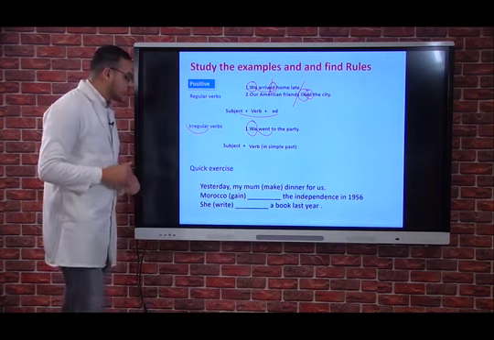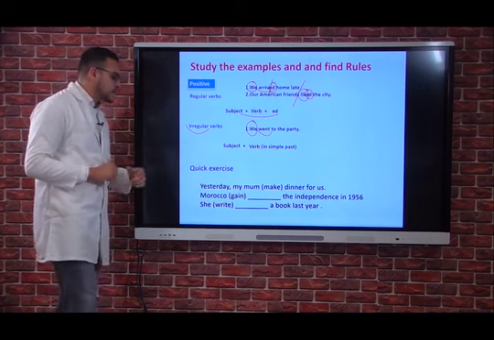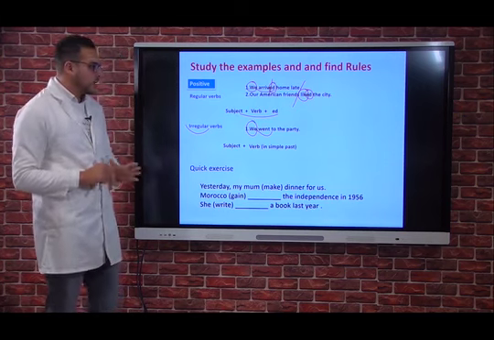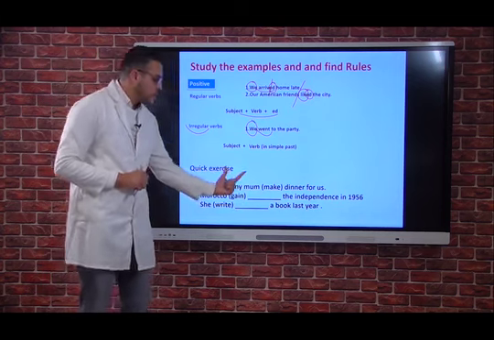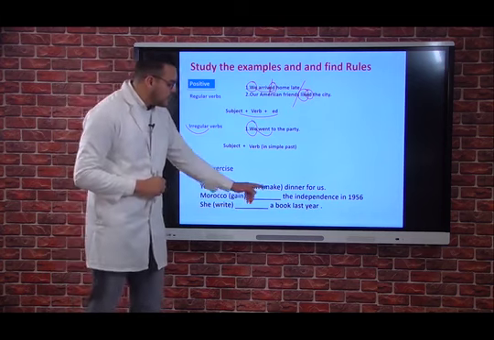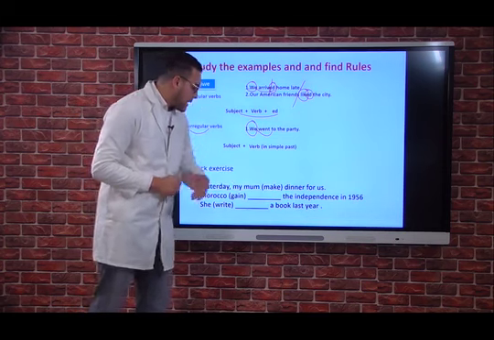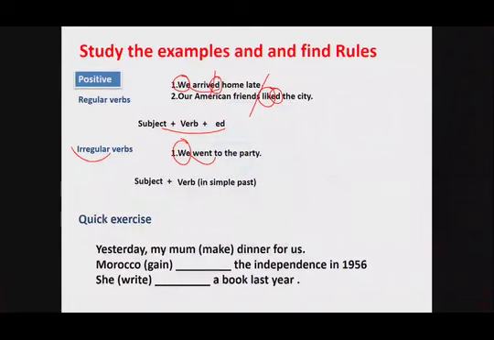Let's do a quick exercise in here. Yesterday, my mom, subject pronoun, between brackets I have the verb to make dinner for us. So we need to put this verb into the correct tense. So what do we say?